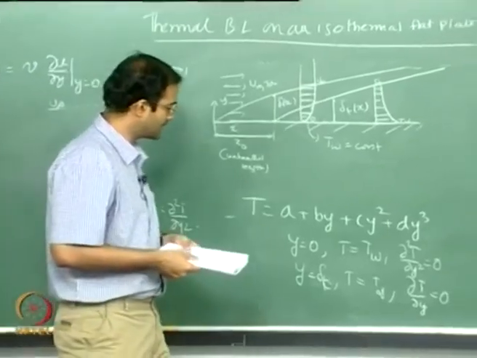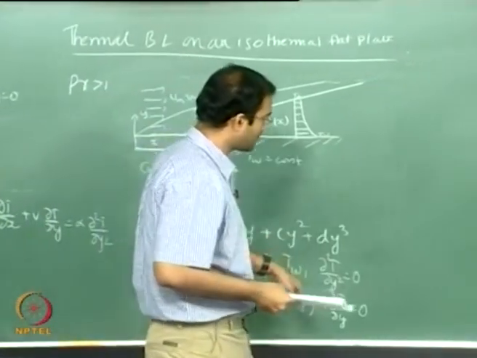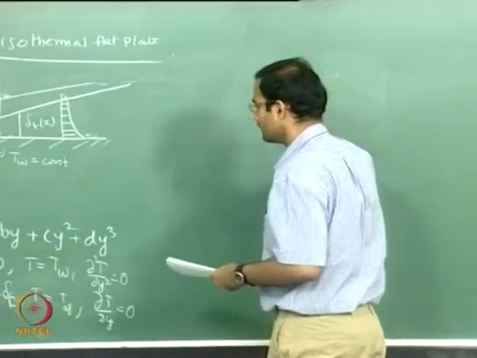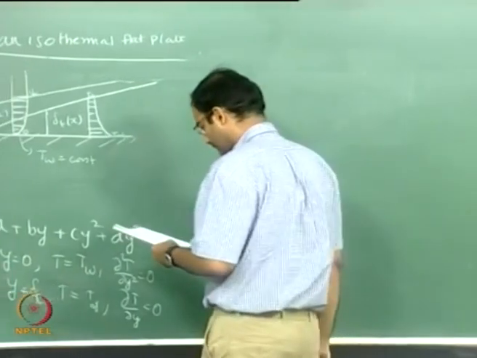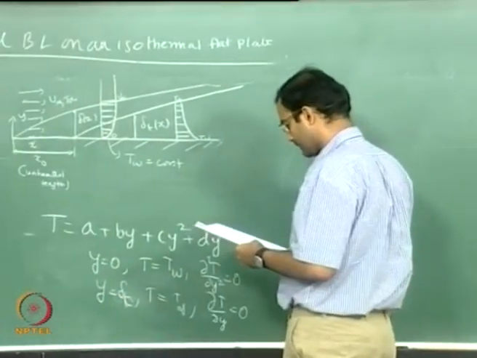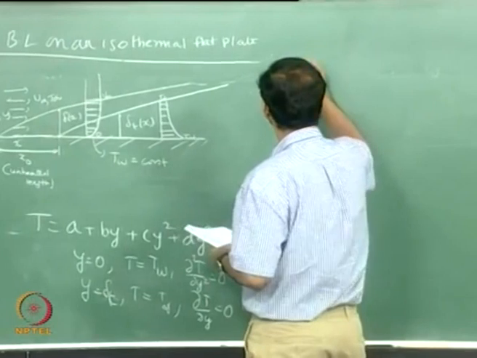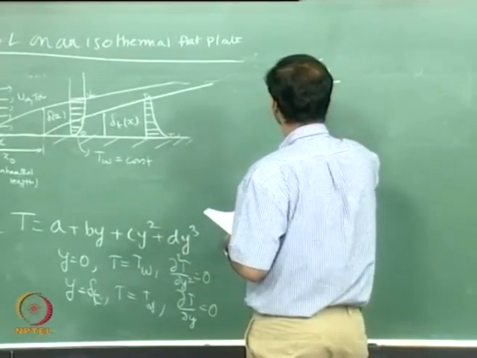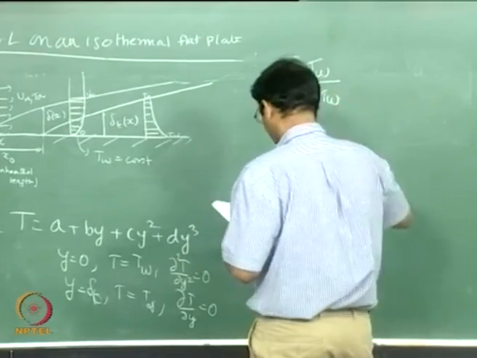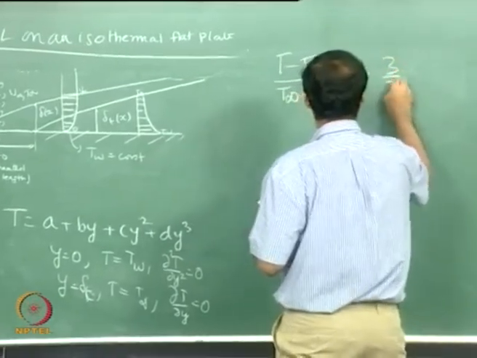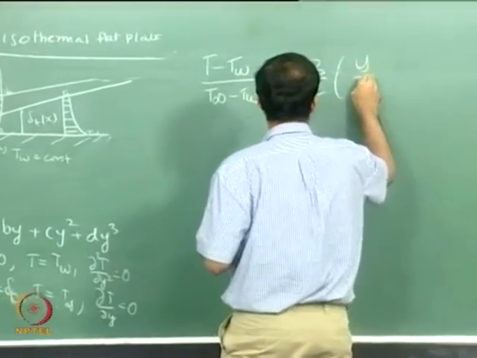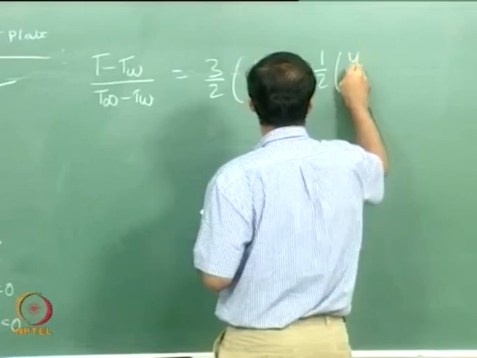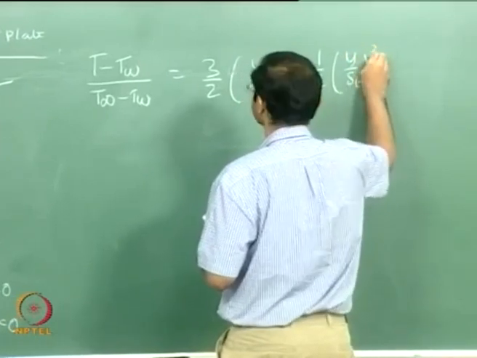So you can see that you have four most important boundary conditions, and if you substitute them into the profile, you should get a profile like T minus T wall by T infinity minus T wall equal to 3 by 2 y by delta t minus half y by delta t the whole cube.